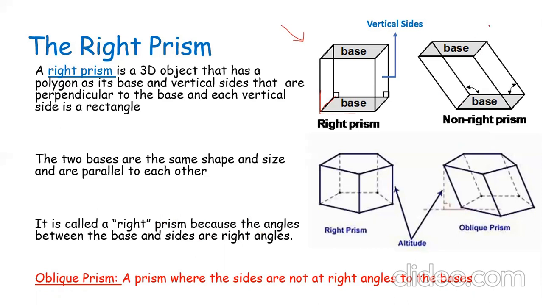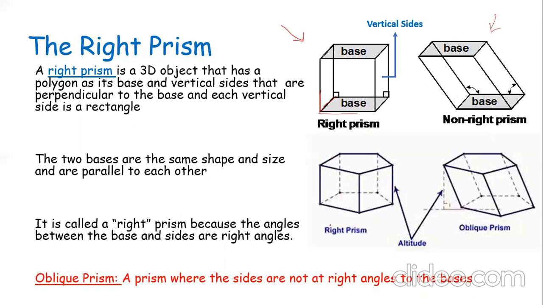So if we move to this prism, we notice that the angle between the vertical side and the base is not a right angle, as we see here. In this case, we say that it's not a right prism, or it's a non-right prism.